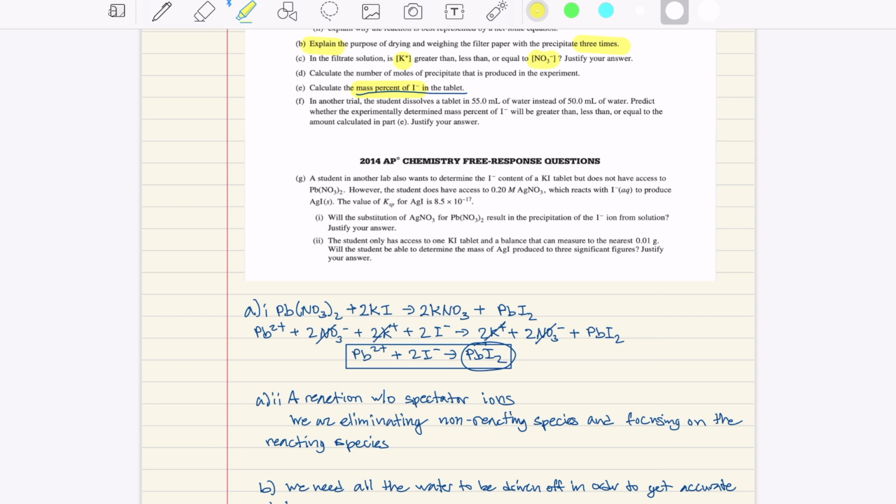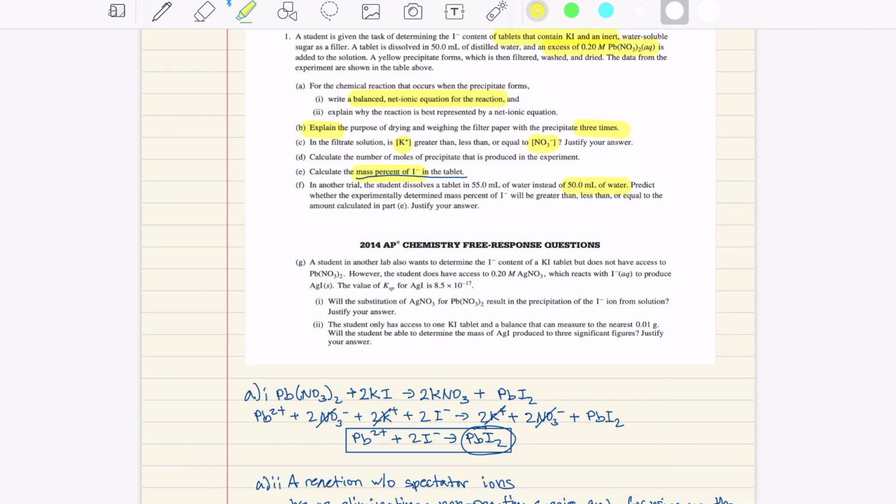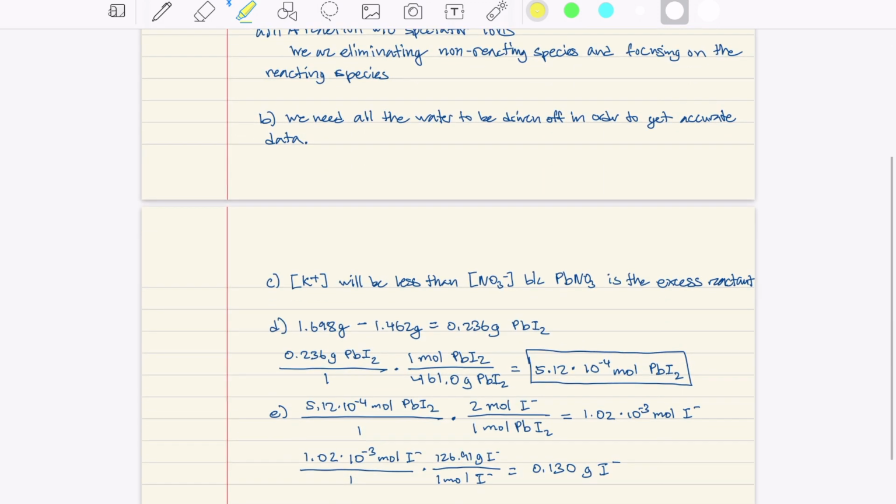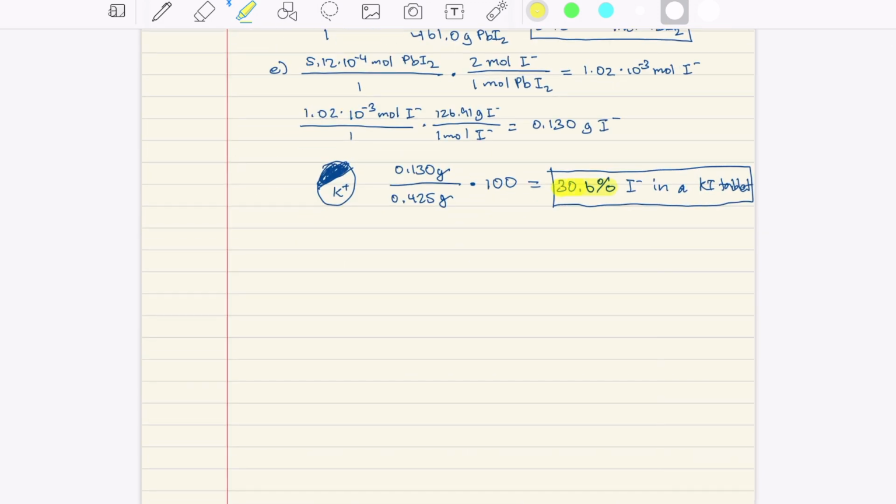So the important part of this question is that instead of using 50 milliliters of water as in the experiment described, we're using 55 milliliters of water. And it's asking whether the percent mass of I minus will be greater than, less than, or equal to the value calculated in part E, which is 30.6.